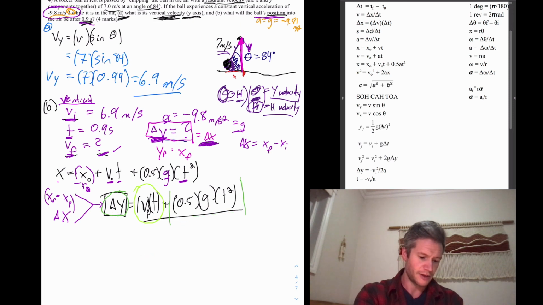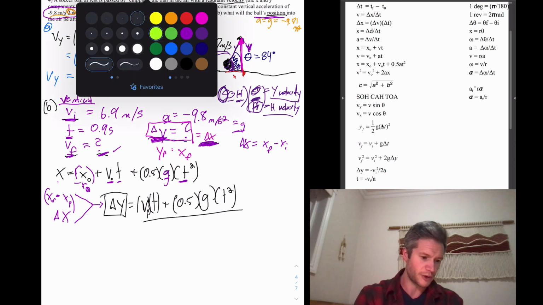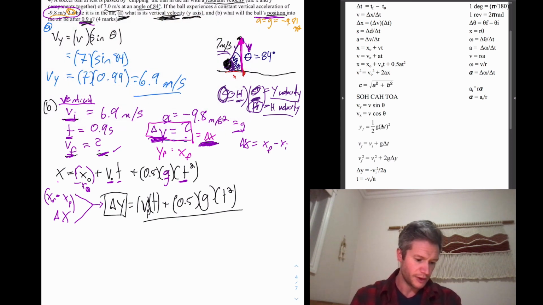Good. So we're going to return here to our equation, and we're going to start putting in variables that we know to be true. So delta y equals, in this question, our initial vertical velocity is 6.9. We found that in our previous question.